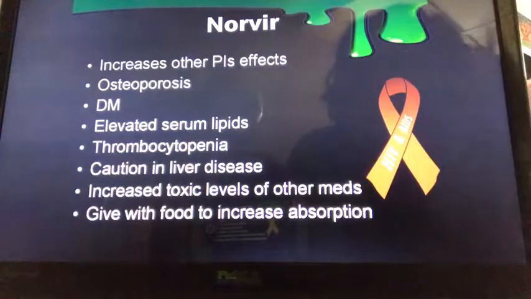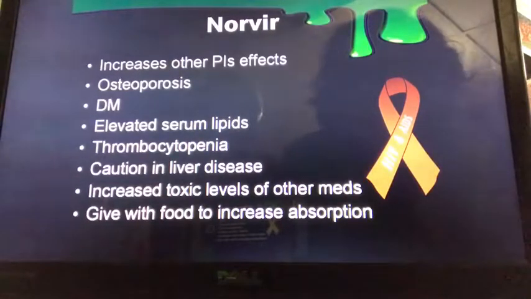Norvir. This increases other meds. It can cause osteoporosis, diabetes, elevated serum lipids, thrombocytopenia, caution in patients who already have a liver disease process, increased toxic levels of other meds, and give with food to increase absorption.